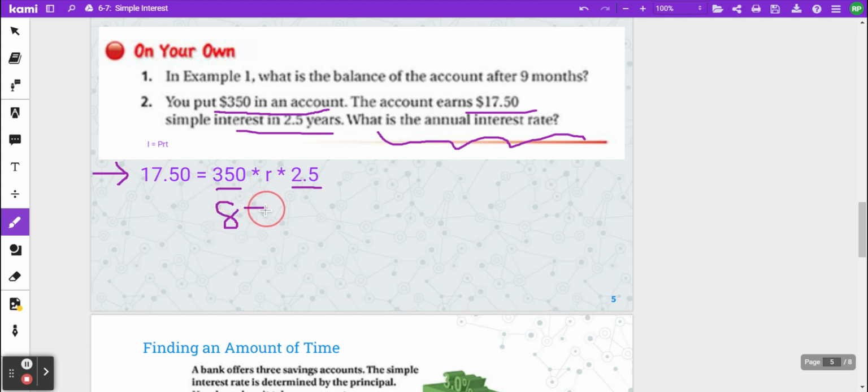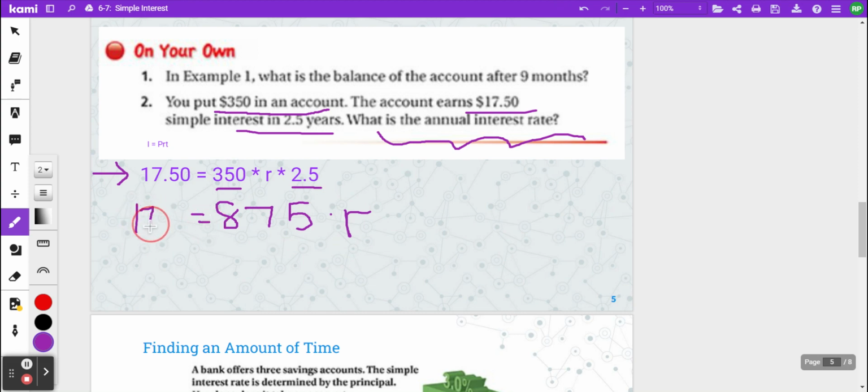So now we've got 875 multiplied by R is equal to 17.50. In order to isolate R, we would have to divide both sides by 875.